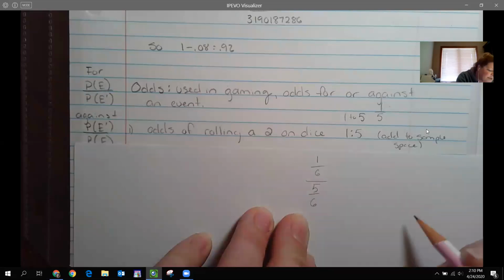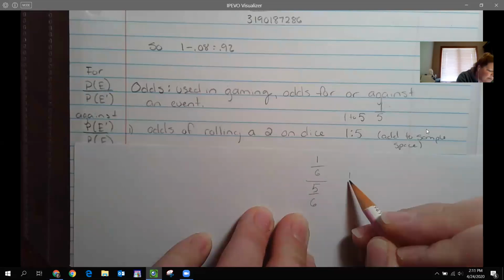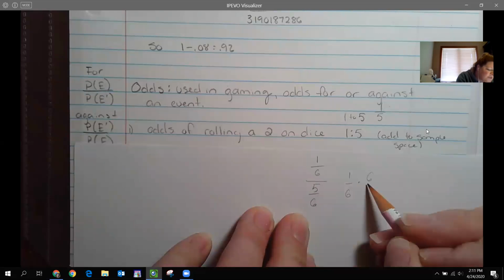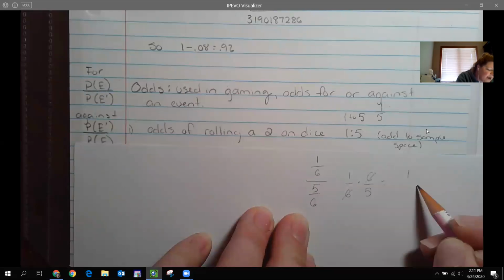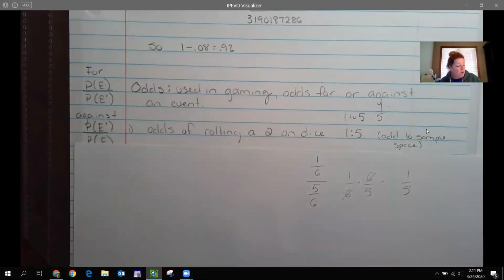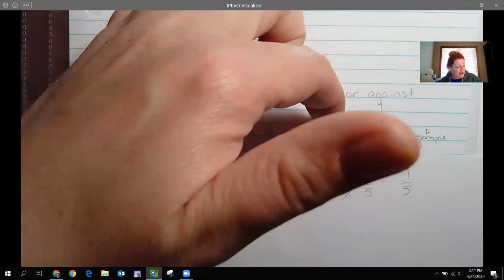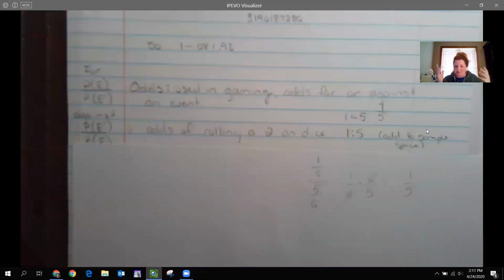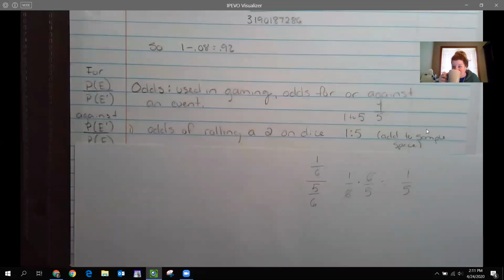Then we take the 1/6, flip the second one, and the 6s cancel, and we get 1 to 5, which we can write all 3 ways: 1/5, 1 to 5, or 1:5 with the 2 dots, whatever that's called. I don't teach English.